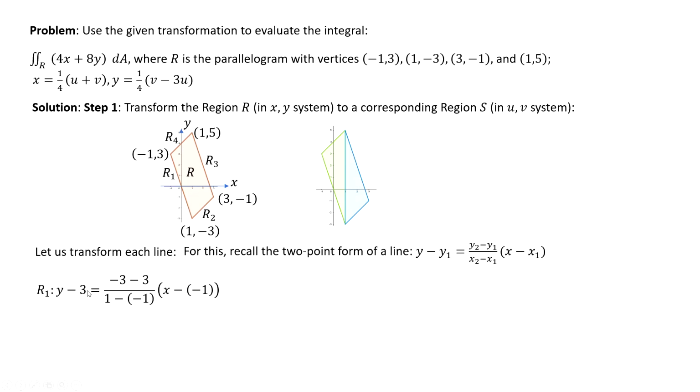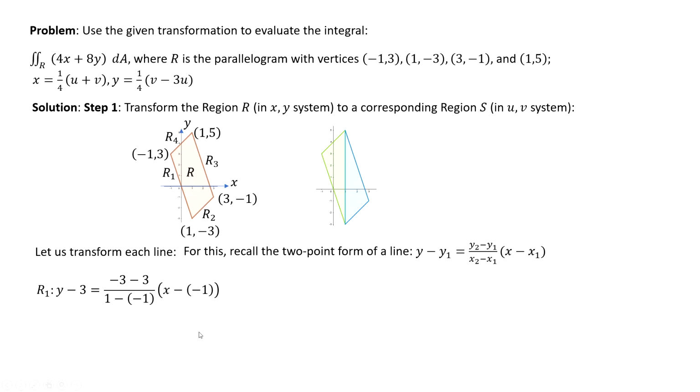So y minus y1, y minus 3 equals (y2 minus y1), y2 is -3 minus y1 which is 3, over (x2 minus x1), 1 minus -1, times (x minus x1). You better be clear in your head. You don't want to be swapping things. You don't want to say y minus y1 on the left hand side, but somehow use x minus x2 on the right hand side. So be sure to stay consistent.